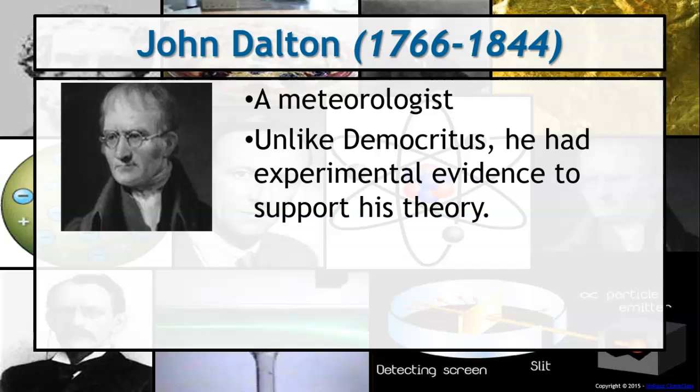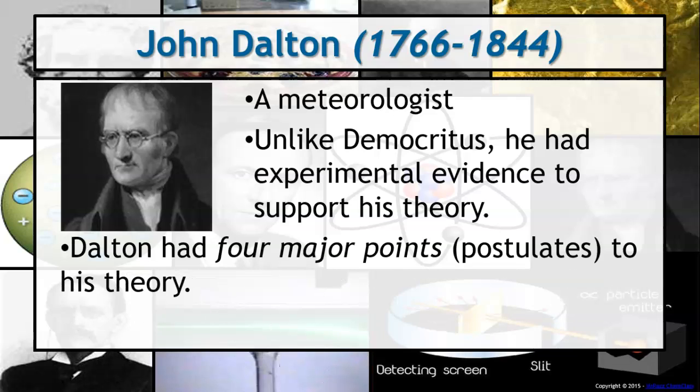He took some of Democritus's ideas about these atoms, these small particles that perhaps made up everything, and through experiments was able to come up with a theory of his own. His theory actually has 4 major points or postulates to it. So we're going to take a look at those 4 postulates now.